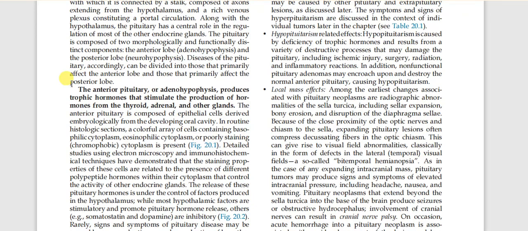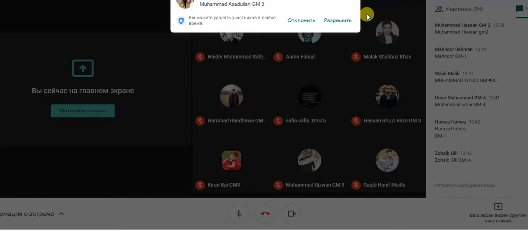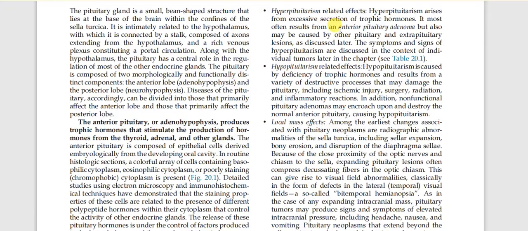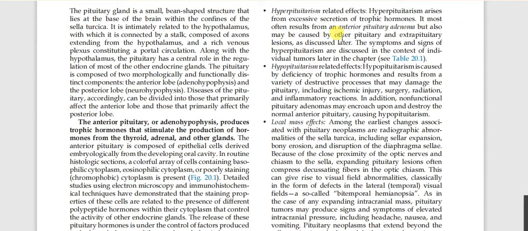The anterior pituitary, the adenohypophysis, produces trophic hormones. As we discussed, trophic hormones are the chief hormones which cause activation of other hormones.